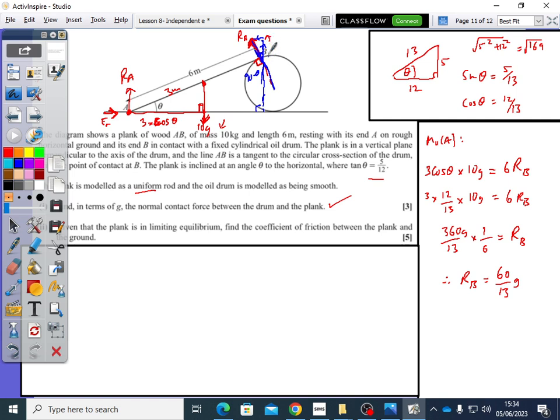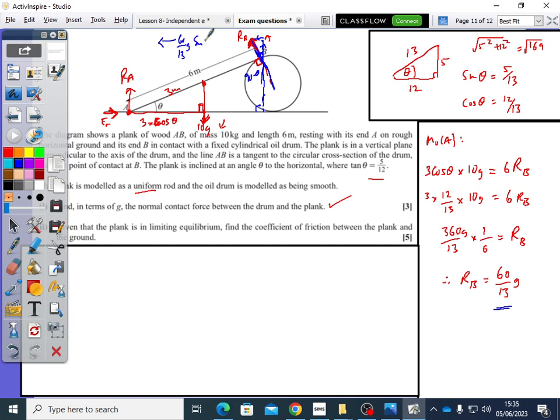So in which case we've got a force pushing upwards, which will be RB, has this measurement, so going up will be sine, and going up is cos, because that's opposite. So we've got a force going this way, which will be 60 over 13 g times sine theta, because that's opposite.